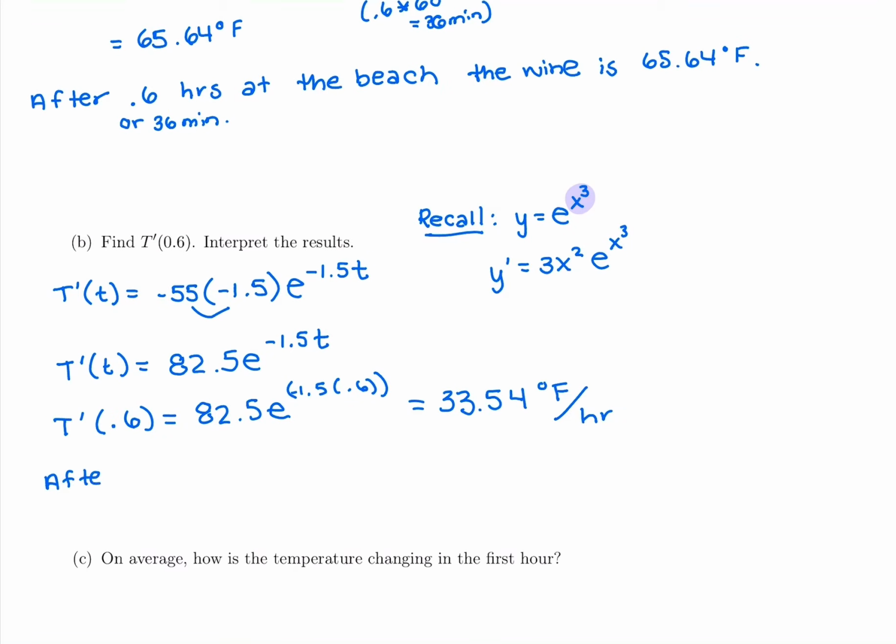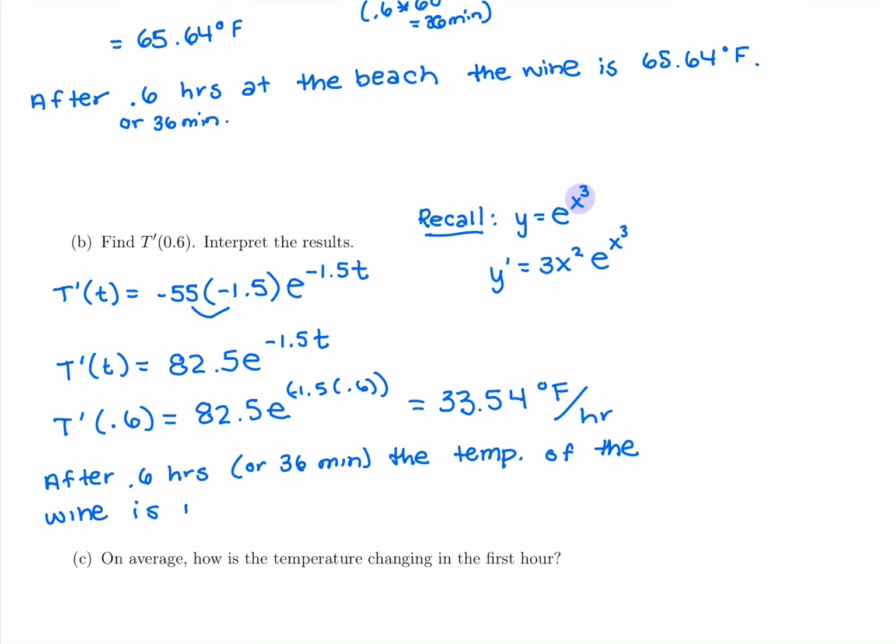So our interpretation is after 0.6 hours, or 36 minutes, the temperature of the wine is increasing or decreasing.